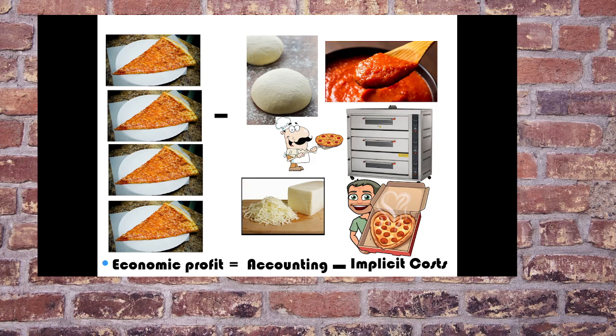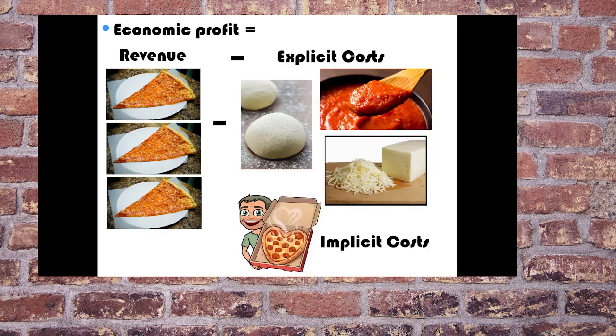So you take your accounting profit, subtract what the entrepreneur would get. In my case, it was $75,000. Subtract that, and you are left with your economic profit, which in this scenario I gave you was negative $25,000.